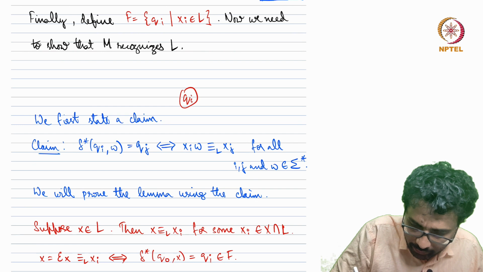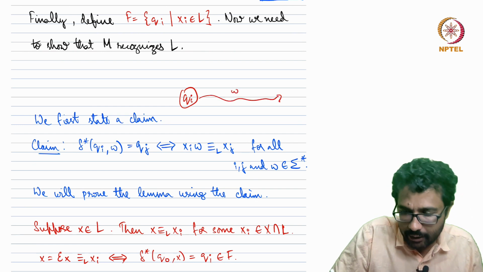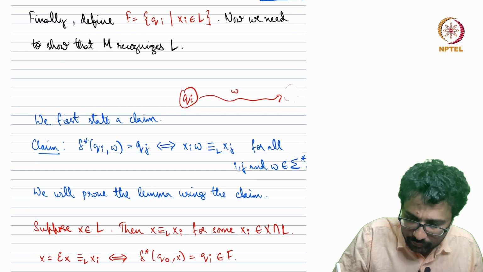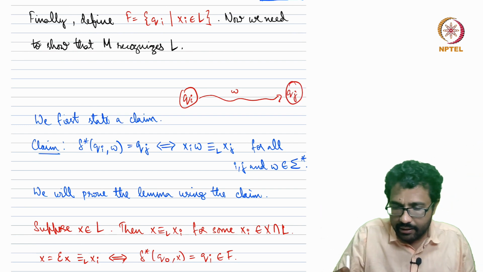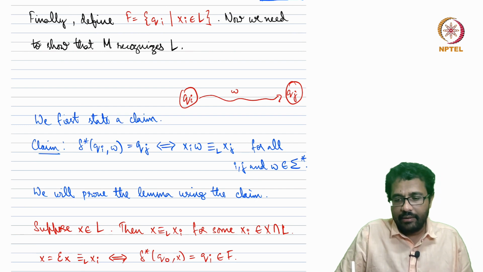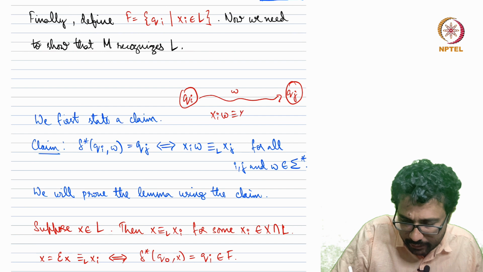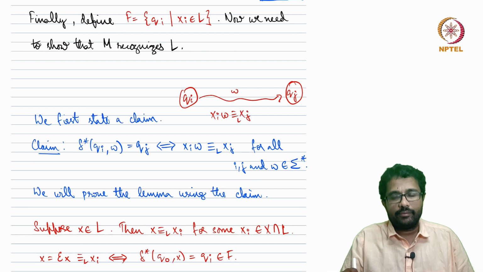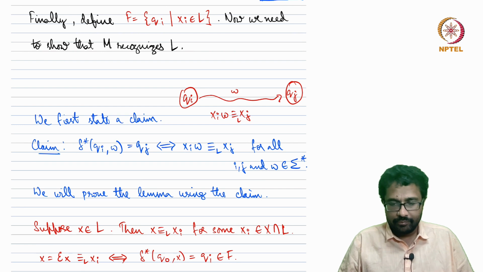I am reading squiggly lines because it may not be one transition, it could be multiple transitions, and then you get to qj. This happens if and only if xi w is equivalent to xj. So these two things happen together or do not happen together. If one of them happens, the other one also happens.